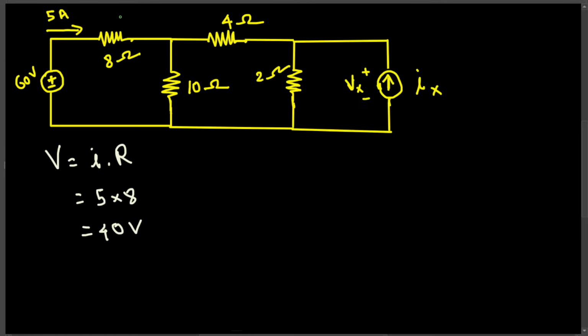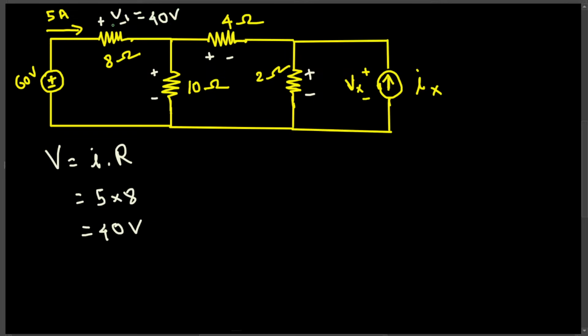Okay, and let's put plus and minus also. Okay, so this is 40 volts. Let's call this one V1. So V1 is equal to 40 volts.